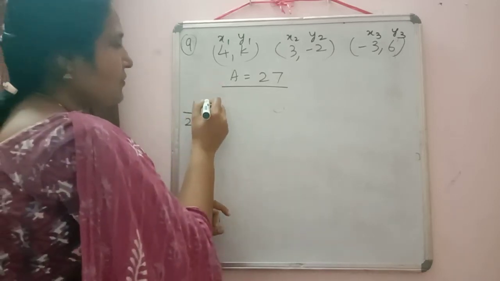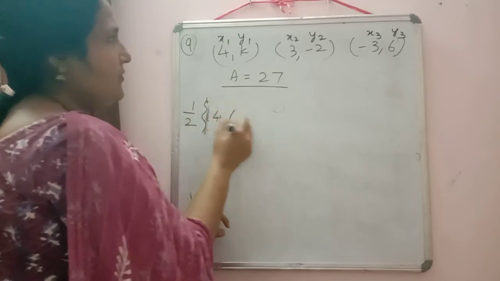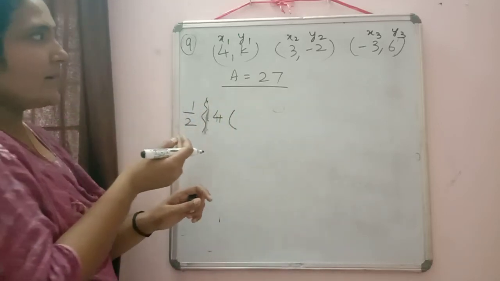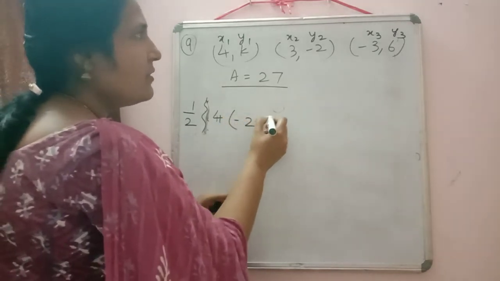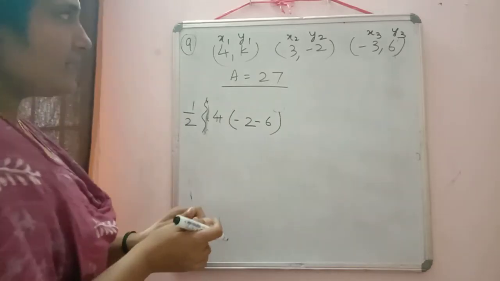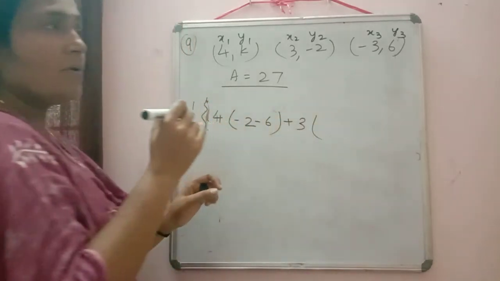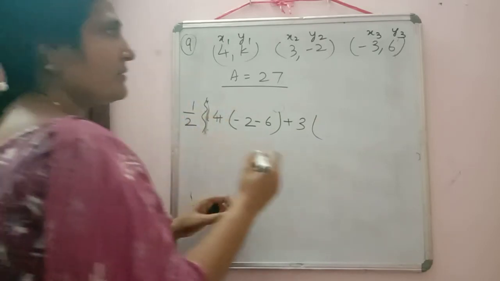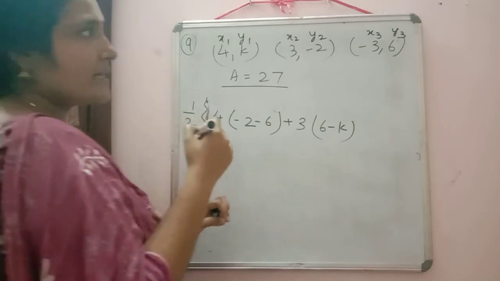In place of x1 we have 4, into y2 minus y3. y2 is minus 2, y3 is 6, so minus 2 minus 6, plus x2. x2 is 3 into y3 minus y1, so we get 6 minus k, plus x3.